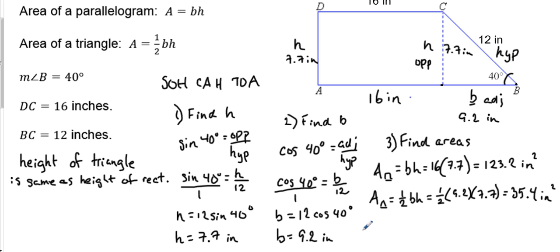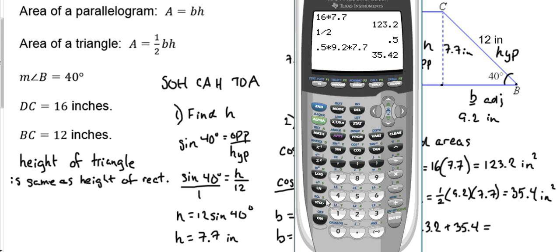So our total area, I'm going to call it A total, is going to be this area, 123.2, plus this area, 35.4. And let's type that in and see what we get.